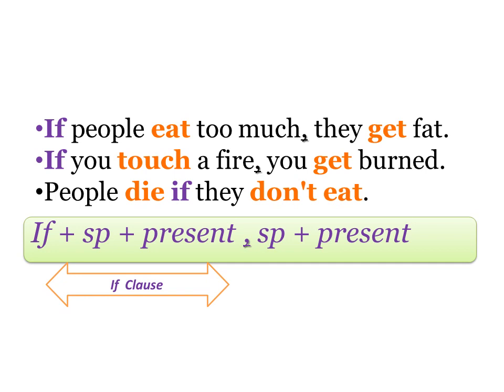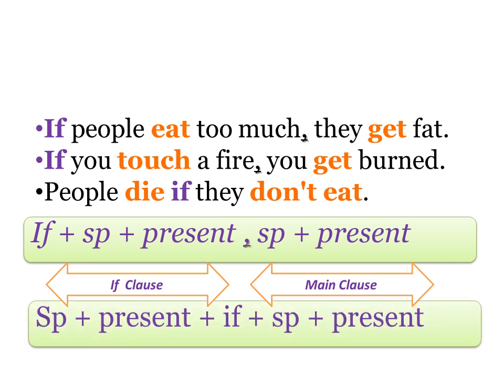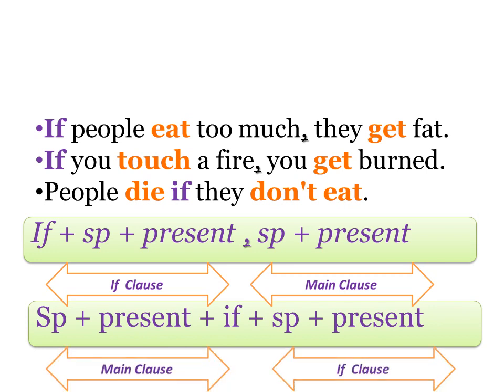In this sentence, we have what is called the if clause. It's the clause which includes if, and the main clause. Please don't forget the comma when you start with if. And you can also start with the main clause, then the if clause. But this time we don't have a comma.